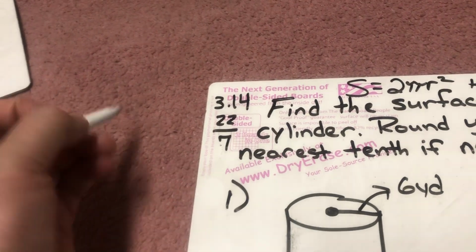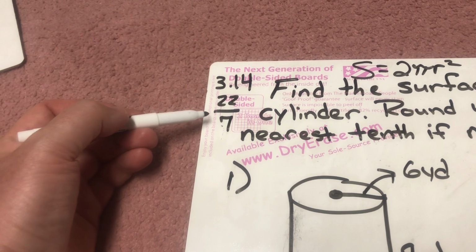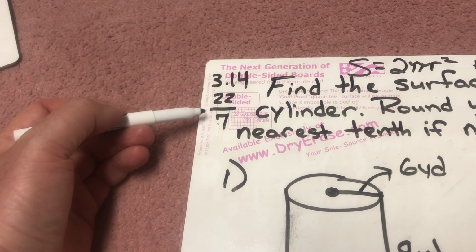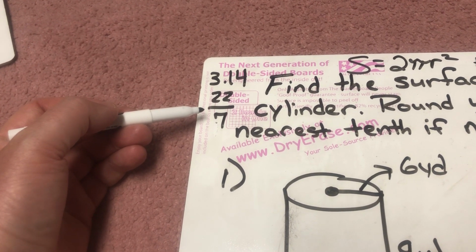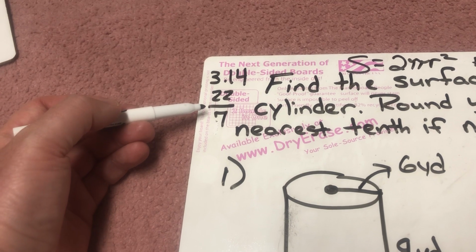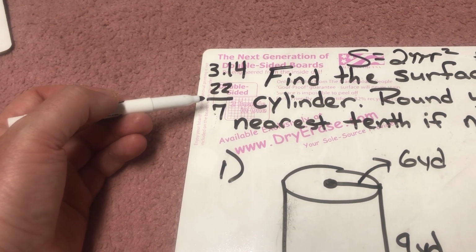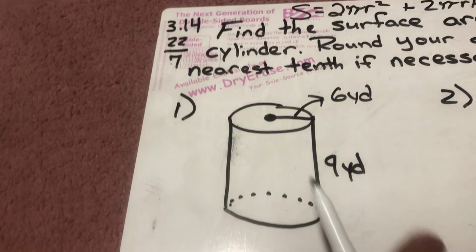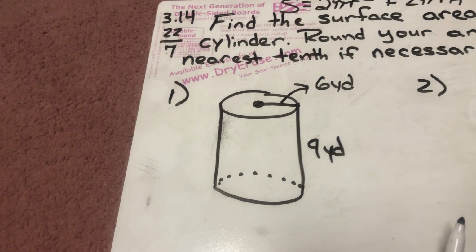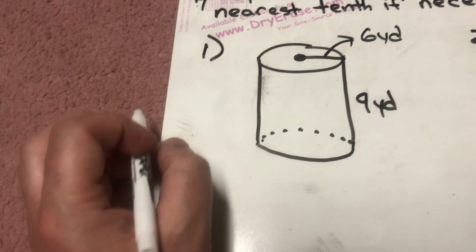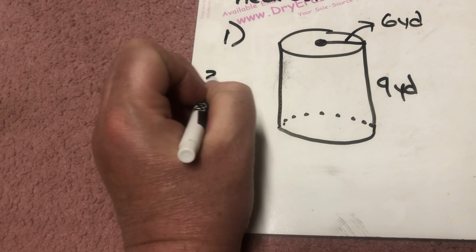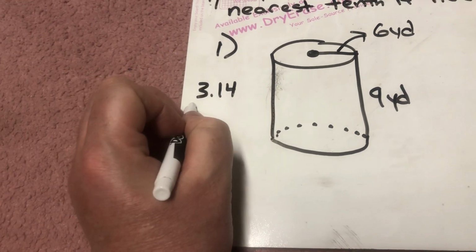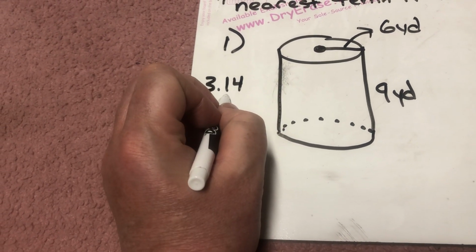Now, I primarily use 3.14, unless the number I'm dealing with is a multiple of 7, then 22 over 7 works well for the purpose of cross-checking with fractions. But when I square 6 and I get 36, 36 is not a multiple of 7. So I'm going to take 3 and 14 hundredths and multiply that by 36.